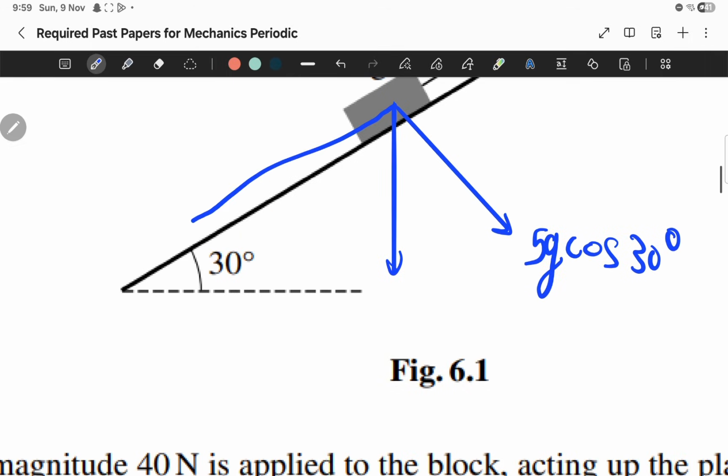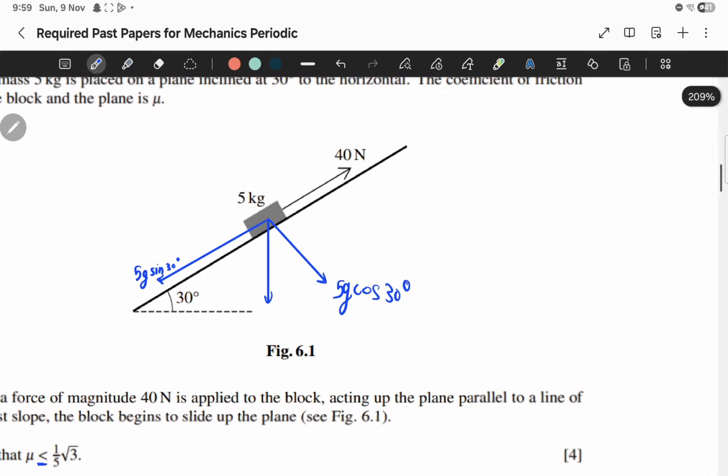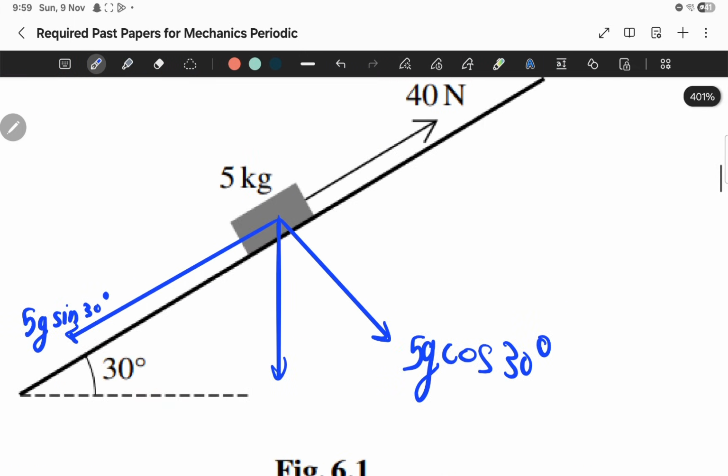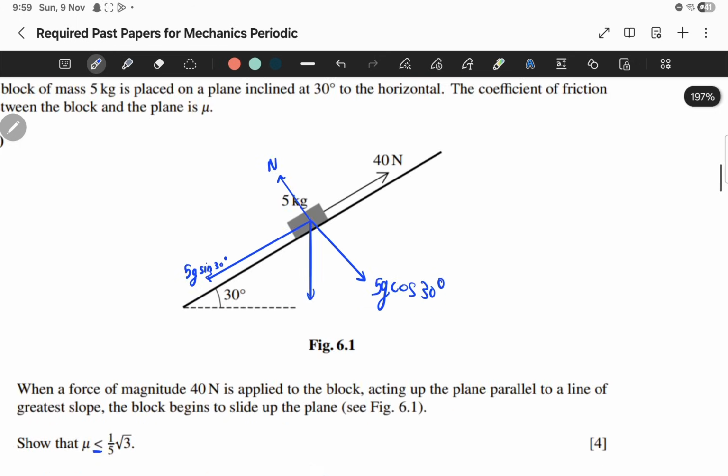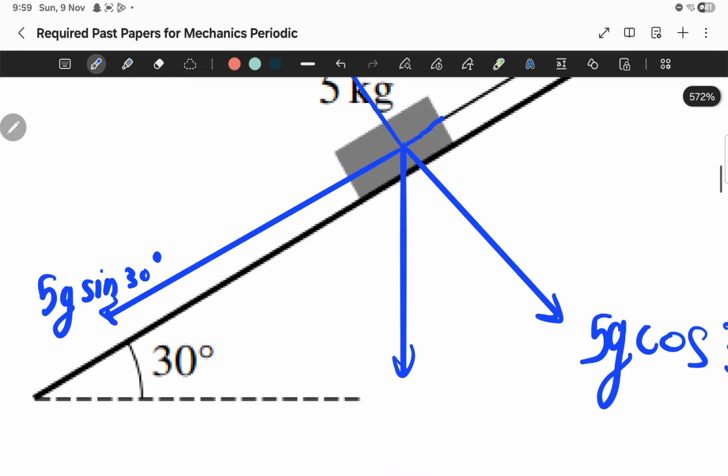This here is 5g sine 30 degrees. I prefer using 30 degrees because this is very easy: 5g sine 30 degrees is half. Now you also have the normal, sorry. This is the normal. And then you have this x component of the force. It's only acting on x, so let's just extend it.